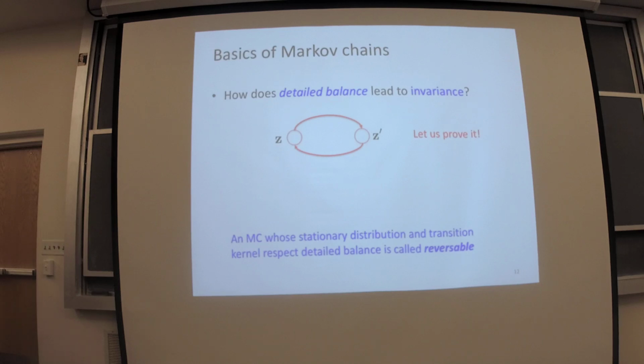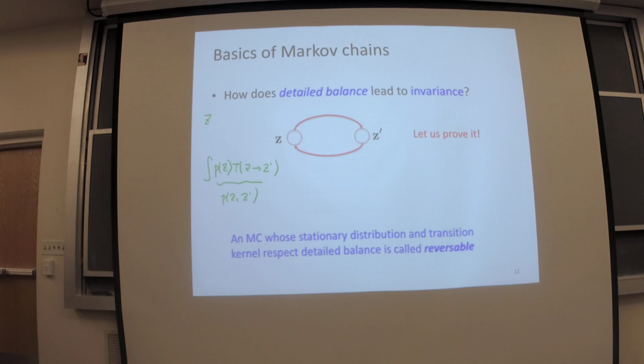So how does detailed balance lead to invariance? I want to give you a simple proof because it's really straightforward. If you want to show that the distribution is invariant to the transition kernel, say you start from any random variable z, and when I jump to z prime, I have this joint probability, p of z and z prime.